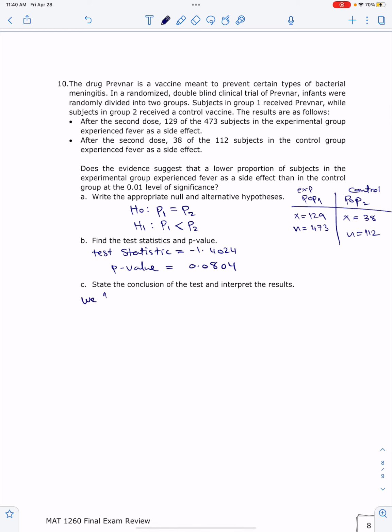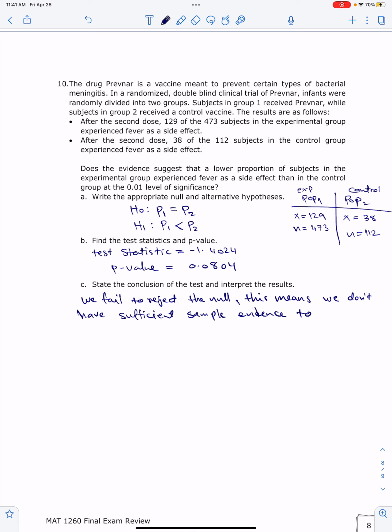So we failed to reject the null hypothesis. This means we don't have sufficient sample evidence to support the claim.